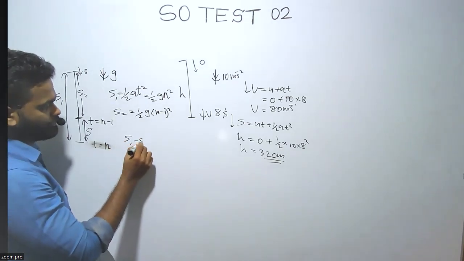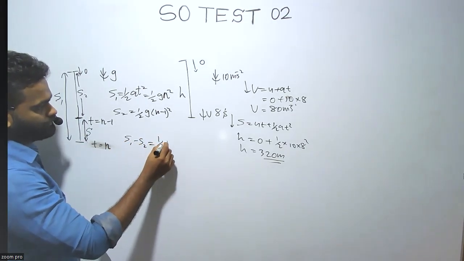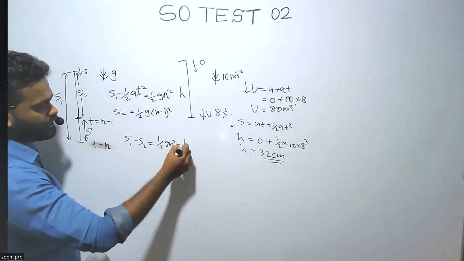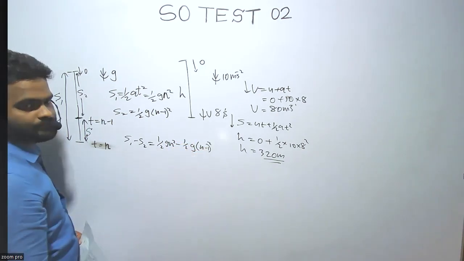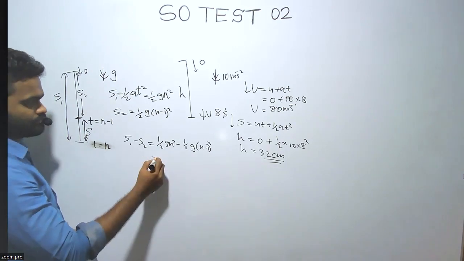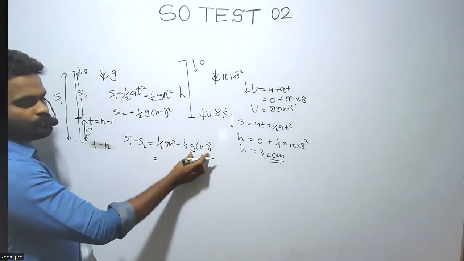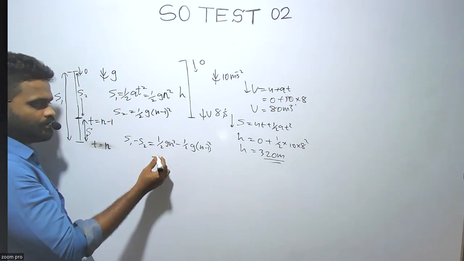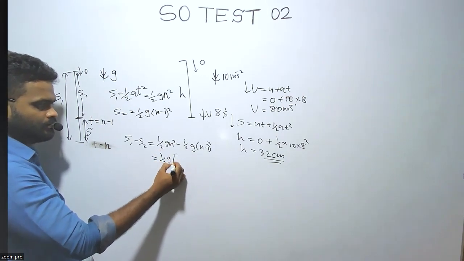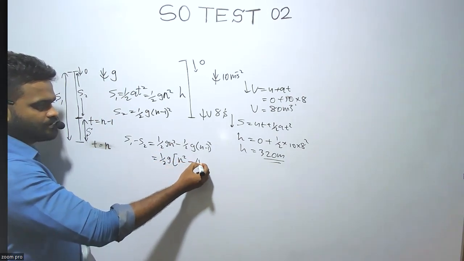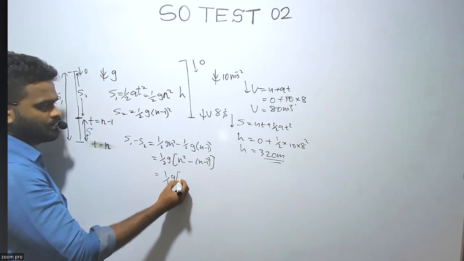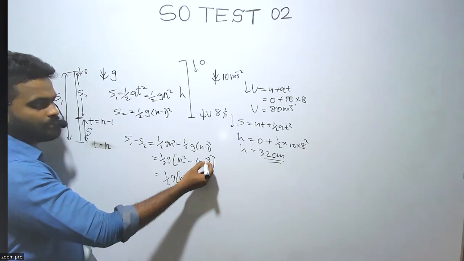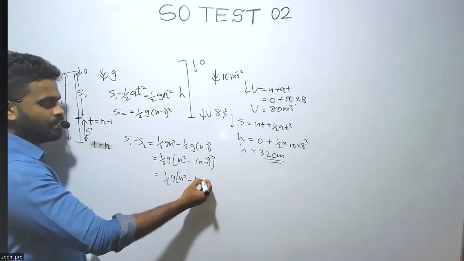Then what is s1 minus s2? Half g n squared minus half g (n minus 1) squared. So these are two terms, you can take half g out. So within brackets it is n squared minus (n minus 1) squared.